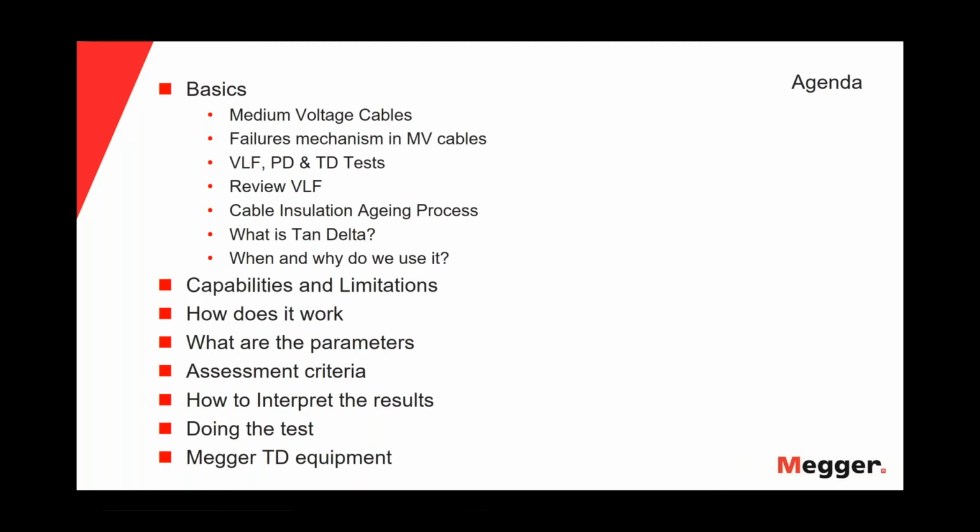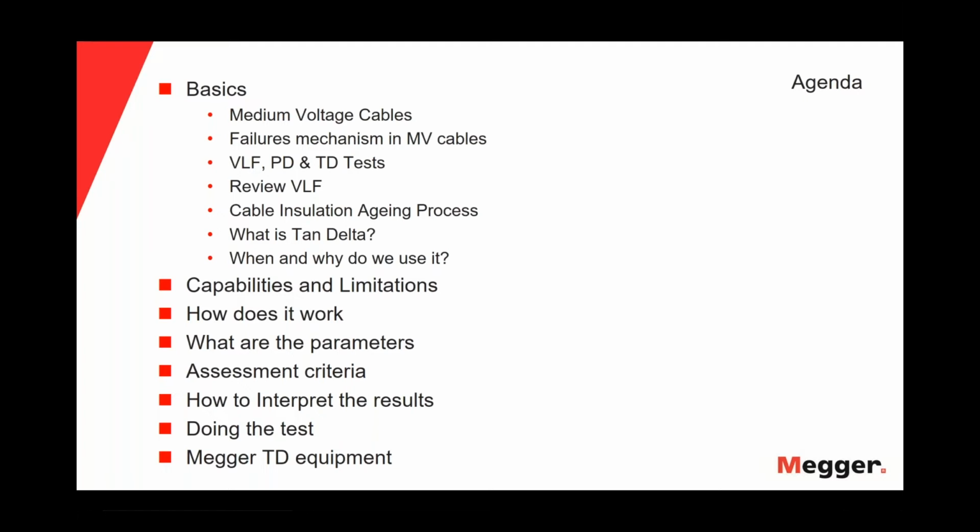So let's start with the agenda. First, we'll go through the basics. We will see the principal characteristics of medium voltage cables. Then we will continue with the failure mechanisms in medium voltage cables, and then we will do a brief review of the VLF test, partial discharge, and tan delta test. Then we will continue with a more detailed review of the VLF, and we will move on to the cable insulation aging process, and then we will start to see what is the tan delta, when and why do we use it.